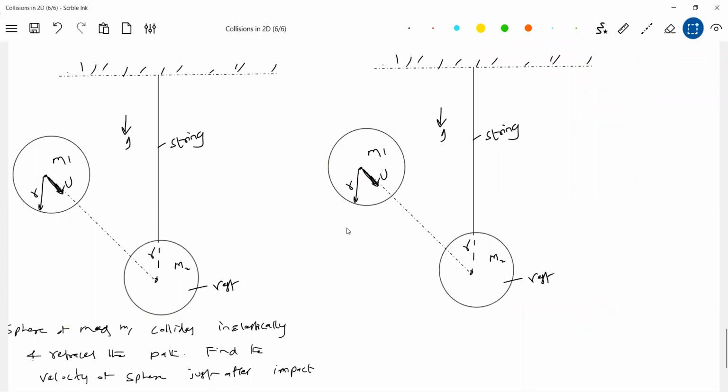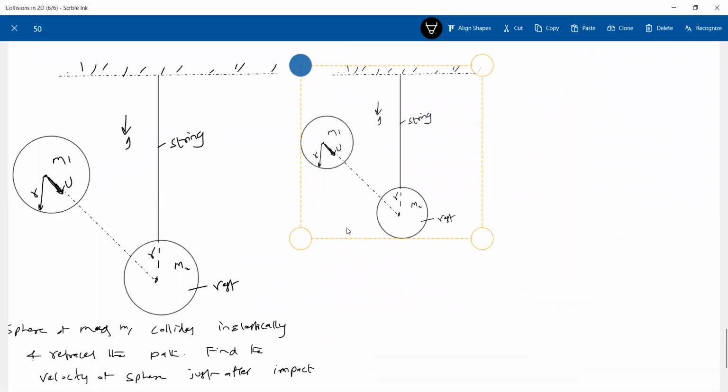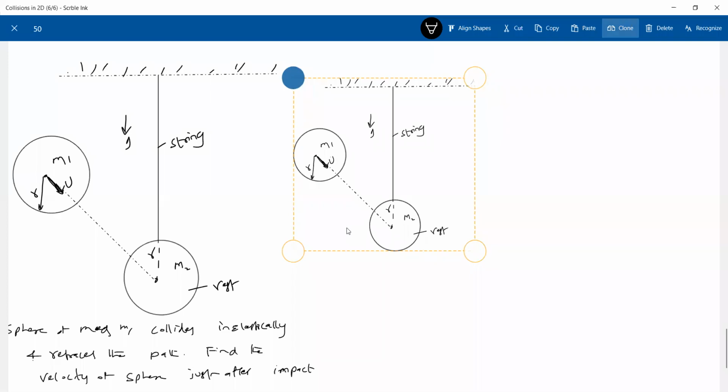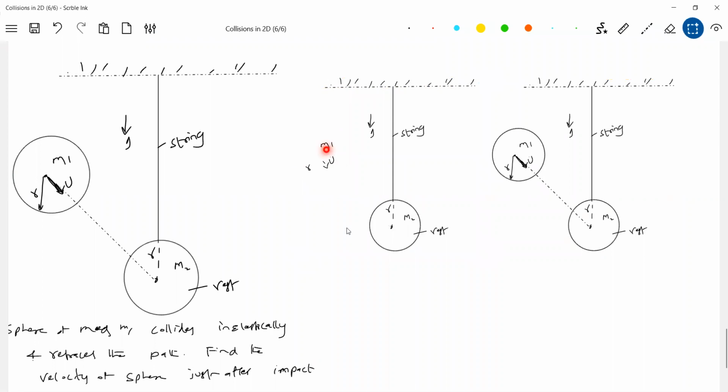Now when this comes and collides, it will retrace its path, he himself is telling. So now let me take the situation. When they come and collide, you must show that line of impact because that is very important.